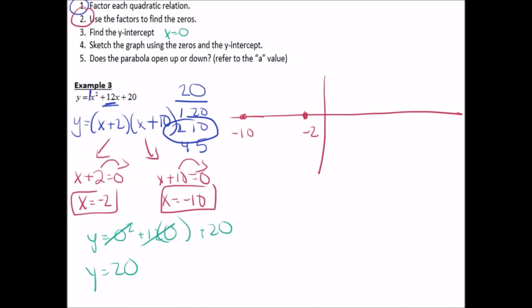If we come back over to our graph, y equals 20 means naturally that our parabola has to open up so that it goes through that 20 right there. And we can double check that by looking at that 1, which is our a value, and we know that it's positive. So there's our graph.